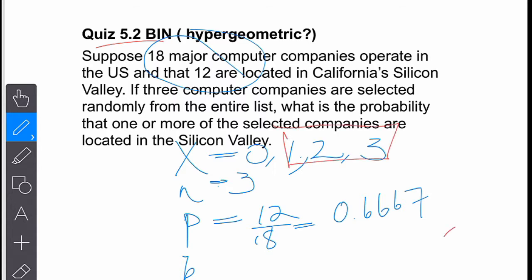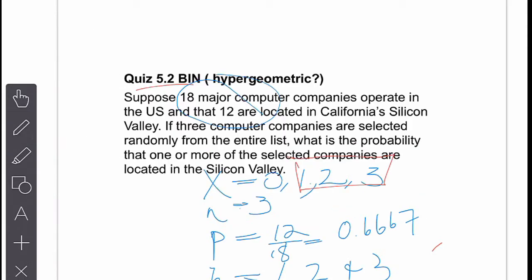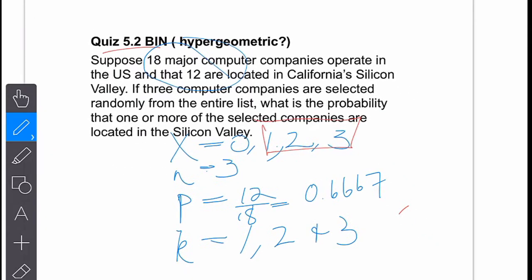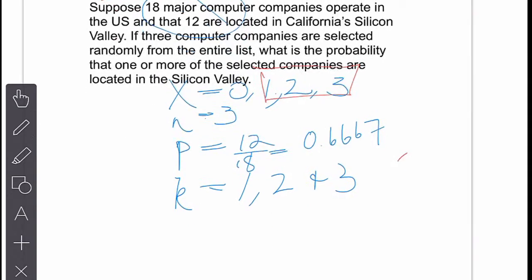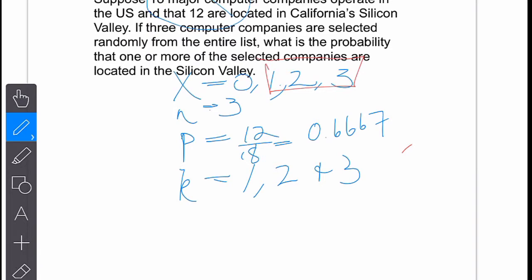But the fastest way to get that answer is to calculate the probability. I really want 1 minus the probability of x equals 0. So I'm going to go for the complement of this, and that will give me the answer.